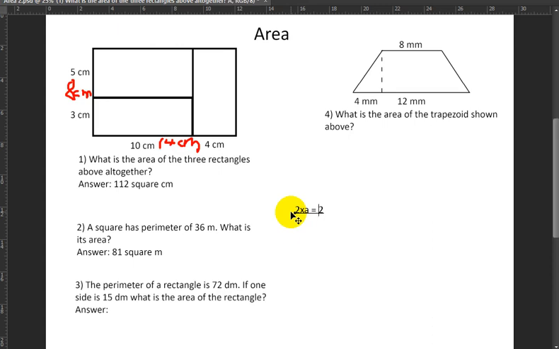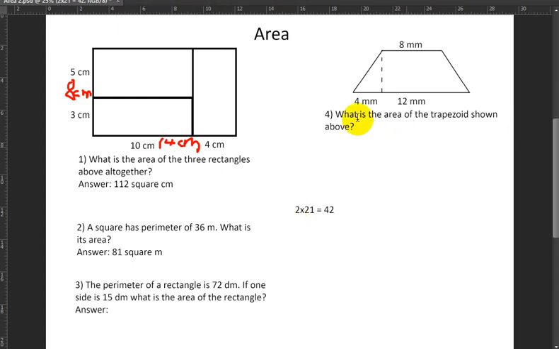I have to add 42 to 30 to get 72. So basically what we're saying is that the sum of the other two sides needs to be 42. So what does A have to be in order for it to make 42 if we multiply it by 2? The answer to that is 21.